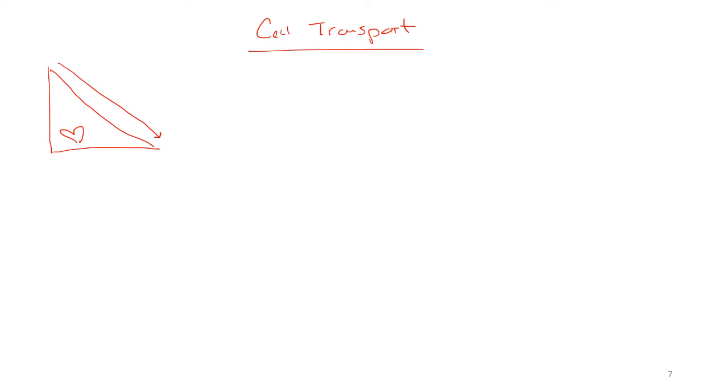All right. So, looking at cell transport, we get reminded of our best friend, the triangle of love. Whatever. He has many names. So, if we go down the concentration gradient, we go from a high point to a low point, we call this passive.